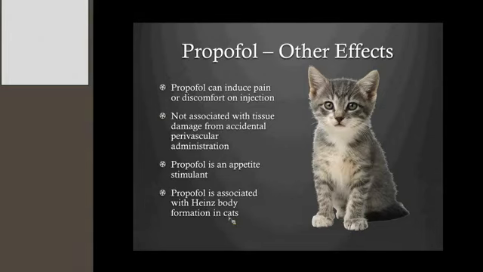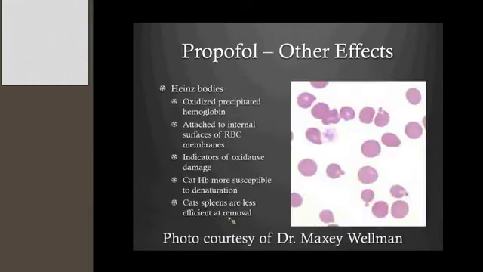Propofol is also associated with Heinz body formation, particularly in cats. So does everybody remember what Heinz bodies are? Yeah, you do? They look something like that. So Heinz bodies are oxidized precipitated hemoglobin. They're indications of oxidative damage, and cats are more susceptible to Heinz body formation just because of the way they metabolize drugs, or the way that they have difficulty metabolizing drugs.